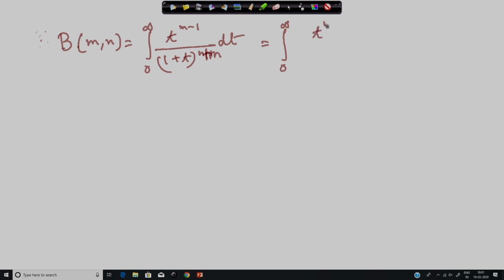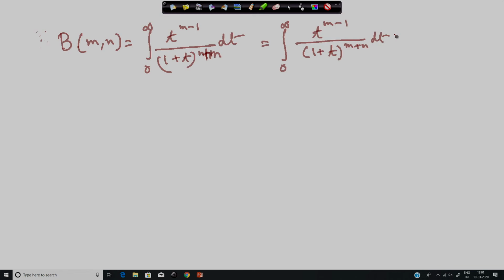Beta mn equals integral 0 to infinity t to the power m minus 1 over 1 plus t to the power m plus n dt.